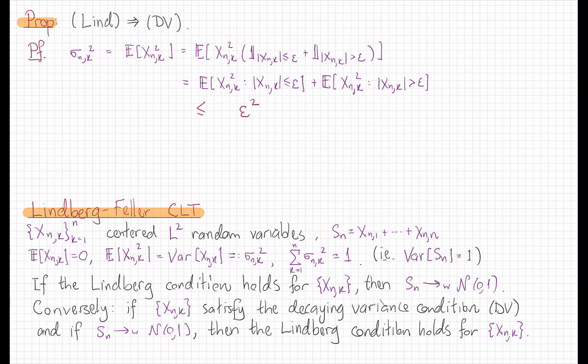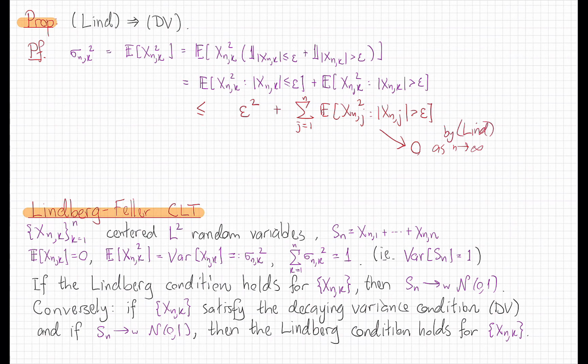For the second term, we'll go ahead and make the super blunt estimate to estimate it above by summing all of those terms, j going from 1 up to n, of the expected value of x_nj squared, of which this actual quantity appears as only one term in this sum of non-negative terms. The reason why it's okay to make that blunt estimate is that the assumption of the Lindeberg condition is exactly the statement that this sum goes to 0 as n goes to infinity.